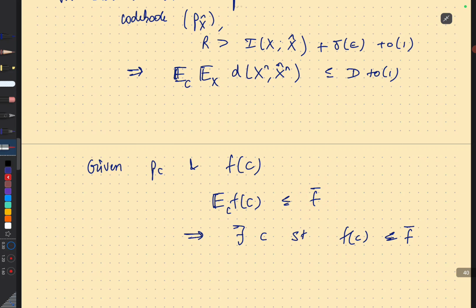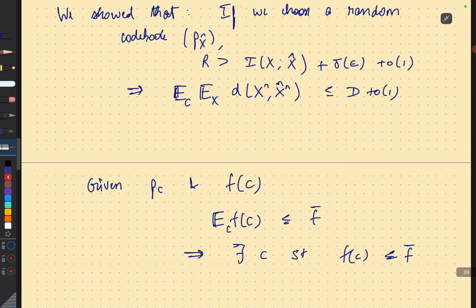Then I claim that there is some realization of c for which f of c is less than or equal to f bar. That should obviously happen, because if for all realizations of c, f of c is strictly greater than f bar, then the expectation of f of c should also be greater than f bar.